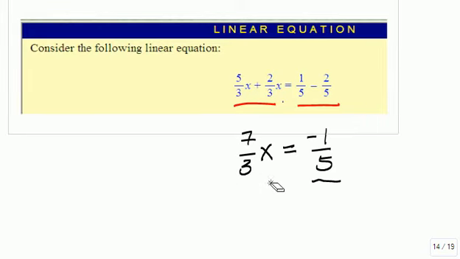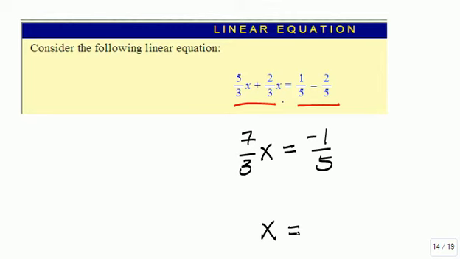So at this point, we're just about one step away from solving this. We remember we want x all by itself. What's in the way? The 7/3 is in the way, and what is 7/3 doing to x? It is multiplying, so we want to undo that by doing the opposite. What's the opposite of multiplying by 7/3? Dividing by 7/3.